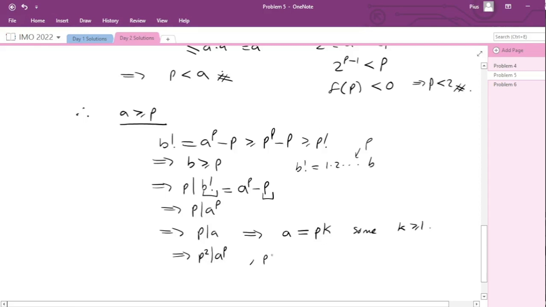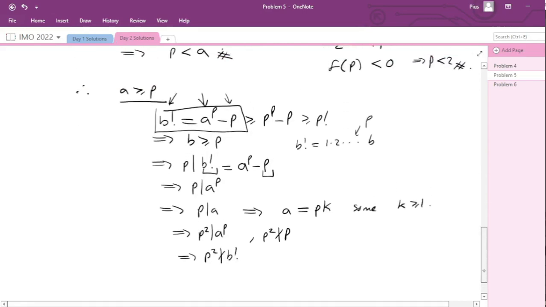But we have that p squared doesn't divide p. So among these three values, we know it divides one, doesn't divide the other, so it cannot divide the third, because if it divides two, it must divide all three. So this means that p squared doesn't divide b factorial.